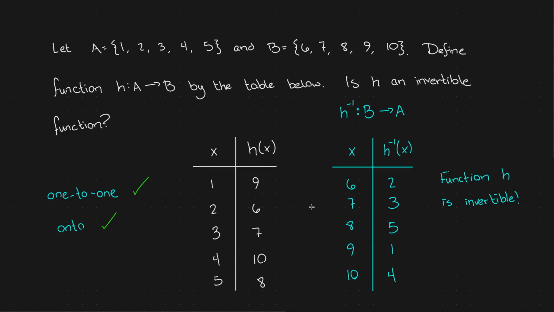So what we've just learned is that there are two conditions we need to meet in order for a function to be invertible. The first is that the function must be one-to-one, and the second is that the function must be onto.